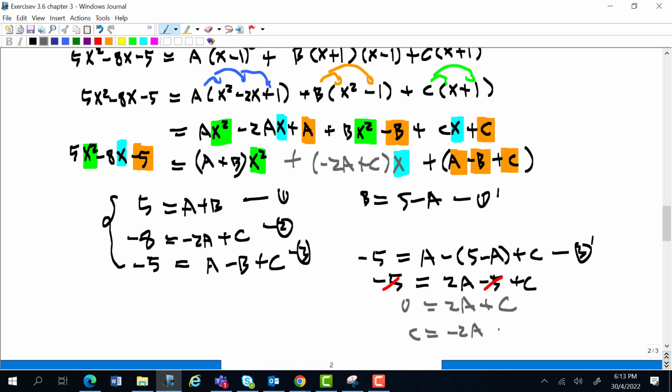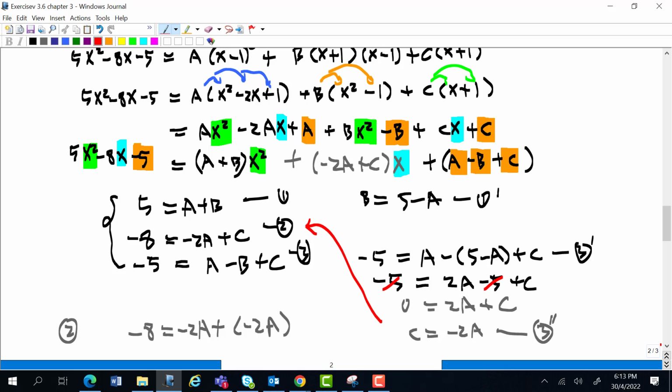So this is actually from equation 3. Now I know c equal to minus 2a. Go back to equation 2. Equation 2 says minus 8 equal to minus 2a plus c. But c is equal to minus 2a, so this thing is going to be minus 2a here.